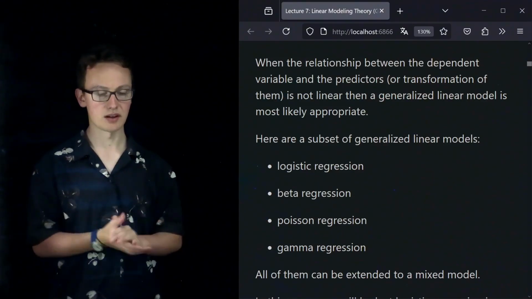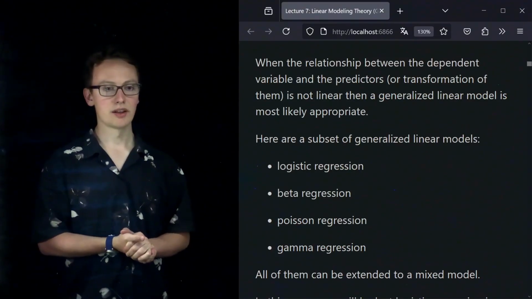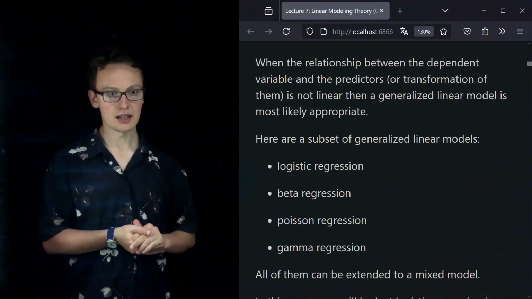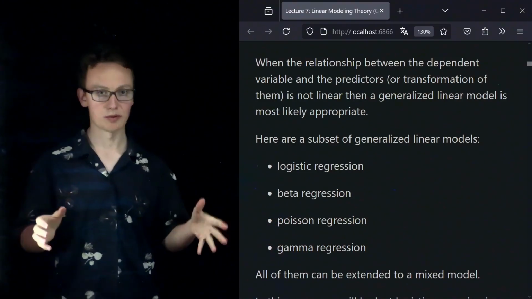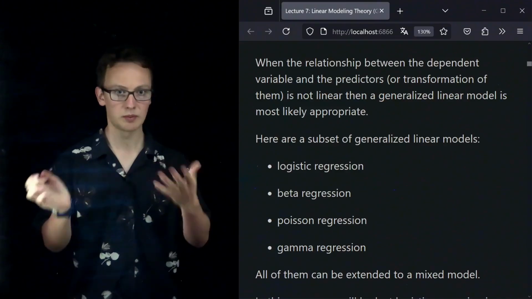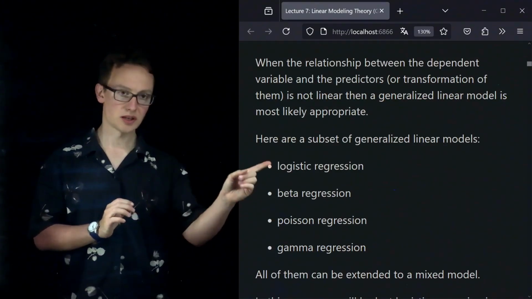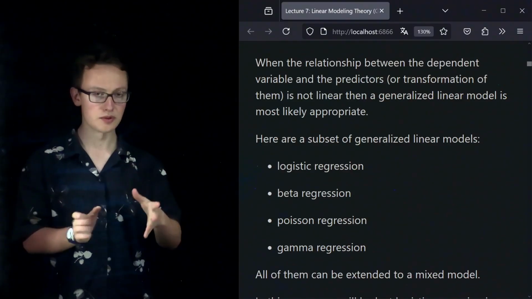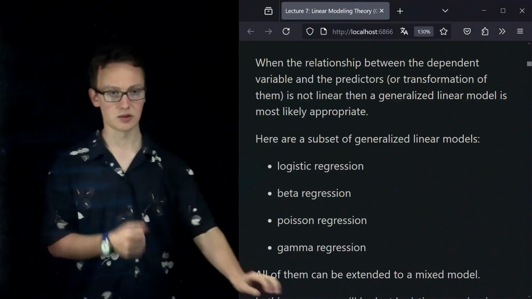All of these are variants of the generalized linear modeling framework. And basically, all of them can also be extended to a mixed model framework. When we have hierarchical repeated measures data, then we can use a logistic regression, for example, which also includes random effects. All of them can also be used in such a way.